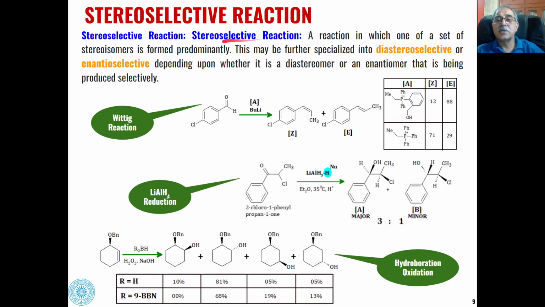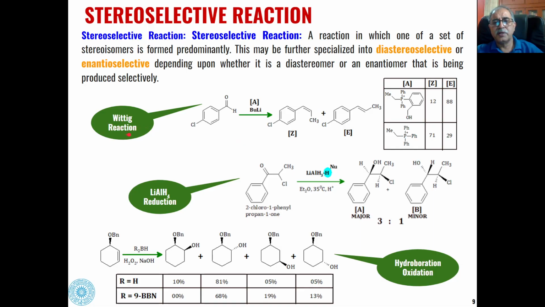Such reactions are called stereoselective reactions. Similarly, if enantiomers are formed, this is called enantioselective. If diastereomers are formed, then this is called diastereoselective.